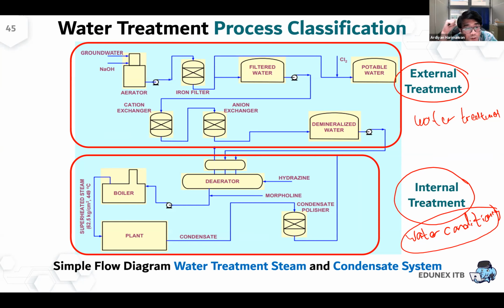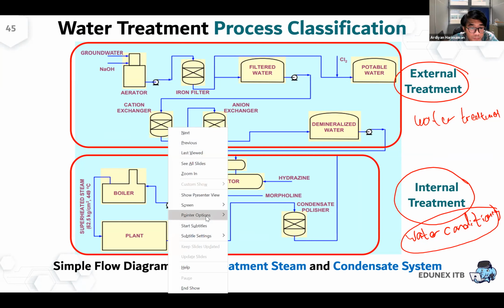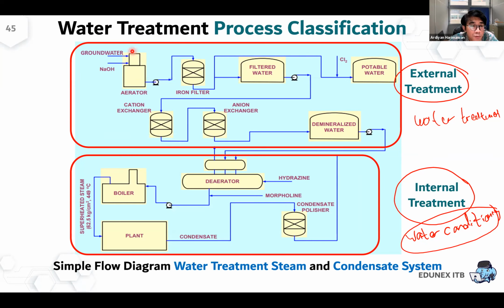If you need to supply the boiler with feed water, then you have to do the external treatment first. First, for the groundwater, you neutralize using a base solution. It goes to the aerator, then to the filter, and then you get filtered water.